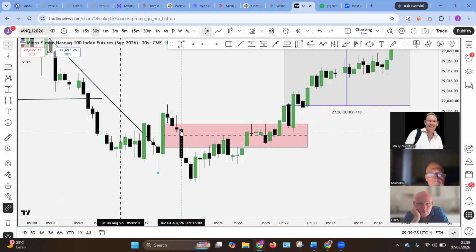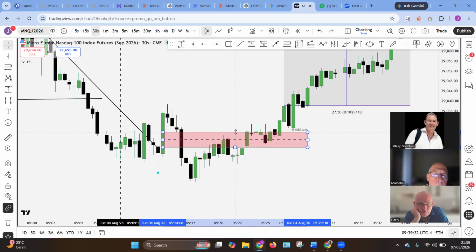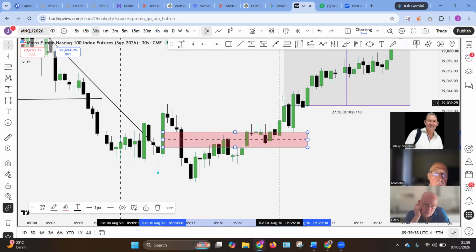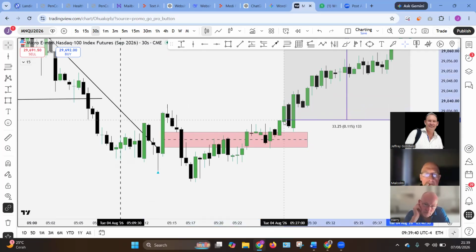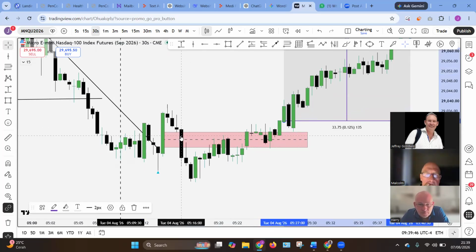I could even potentially say, well, why don't I just pull this down to there? I could have done that also, because that's a fit, and then therefore I could end one candle early, because that was the imbalance that was left, taking that out.